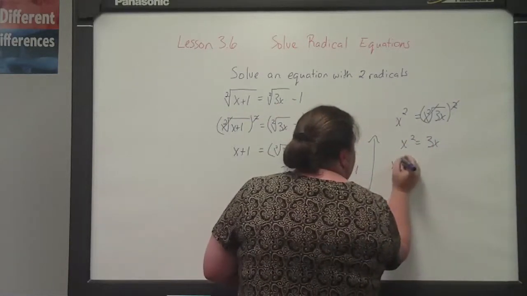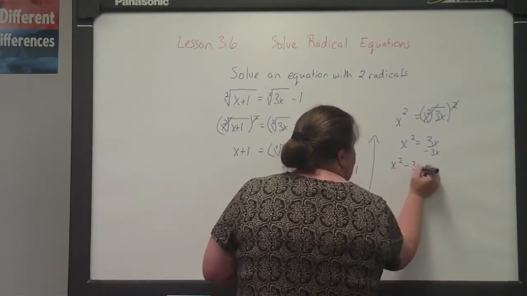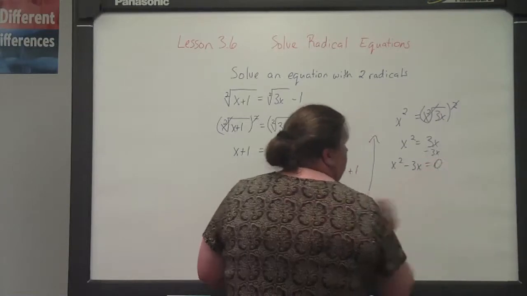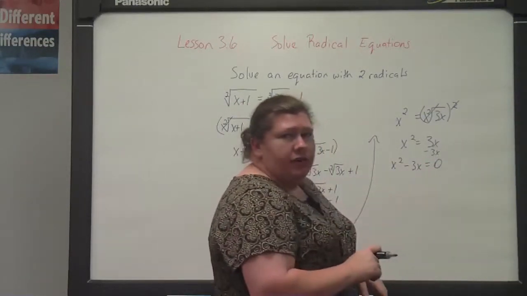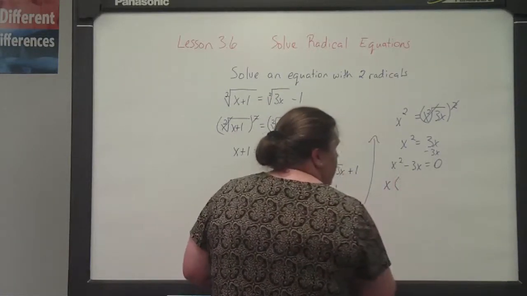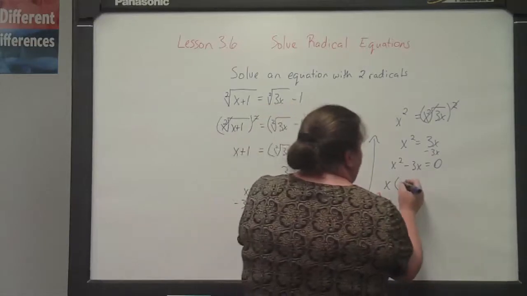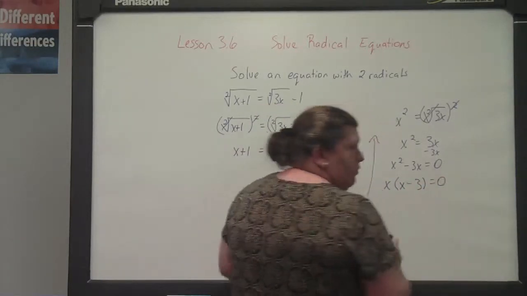And so I'm going to say x squared, I'm going to subtract 3x. X squared minus 3x, and I'm going to set it equal to 0. What do x squared and negative 3x have in common? They have x in common. So I can say x times what's left, an x minus 3, equals 0.